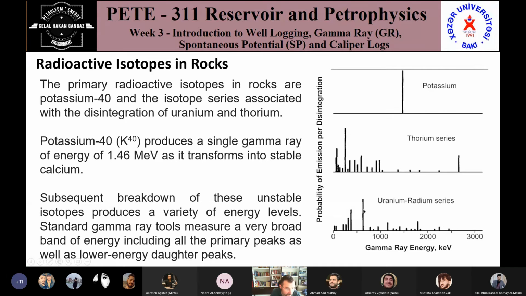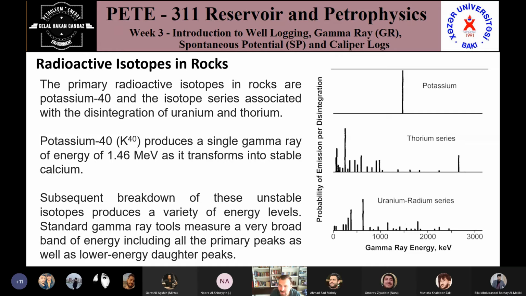According to the certain gamma ray energy, if I get, for example in here, this type of gamma energy in uranium radium, I can understand that this is uranium or radium, not thorium. But if I get something like this, I say it's thorium.